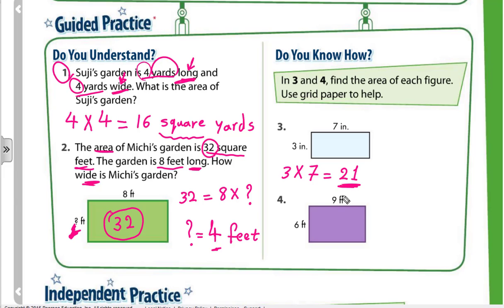So square unit. Square what? Square centimeter? Square feet? No. Inch. Square inches. I use IN for inches. Thank you, my hero.